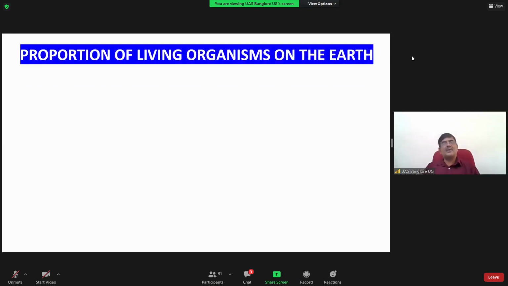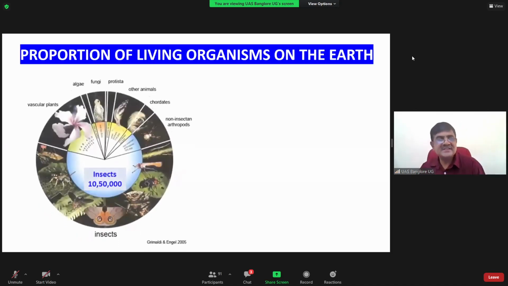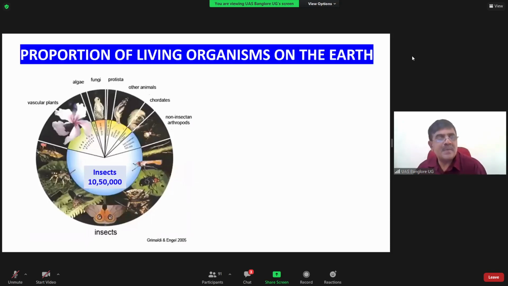Coming to the proportion of living organisms on the Earth surface, this pie chart gives the diversity and abundance of the different organisms.